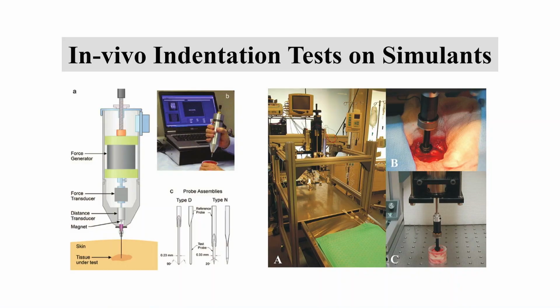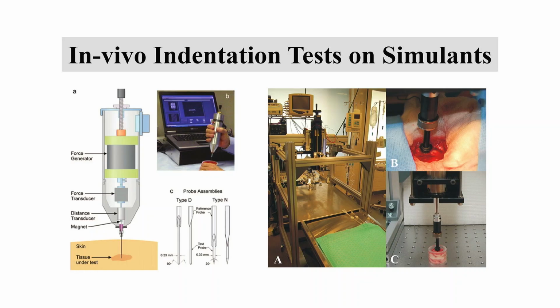So simulants have been very popular recently because in vivo tests per se, like within the human body, if you're trying to poke the brain, that's just not possible, right? It's totally unethical if you just have somebody sit and you want to poke the brain. That can cause different kinds of injuries, right?